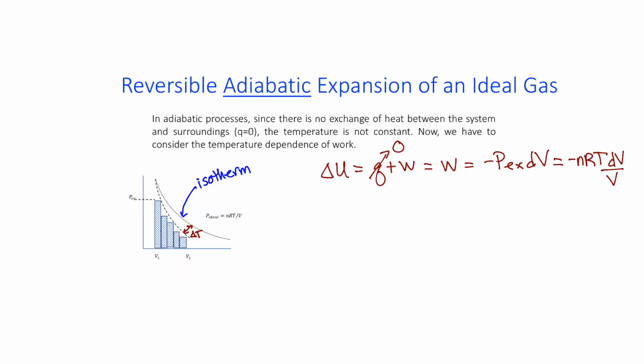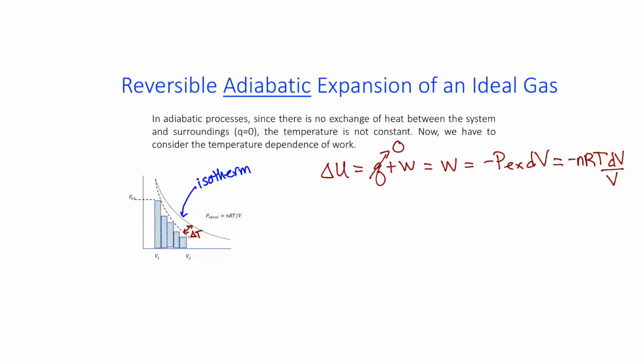This is all stuff that we know, so none of this is new. We've already seen most of this. We've got an expression for work now that takes into account our change in volume and the fact that our pressure is not constant.